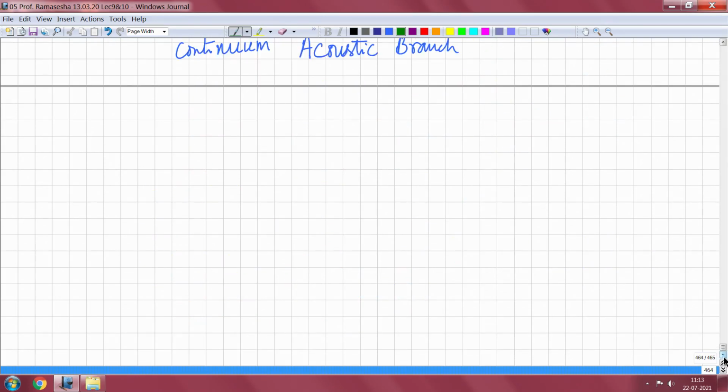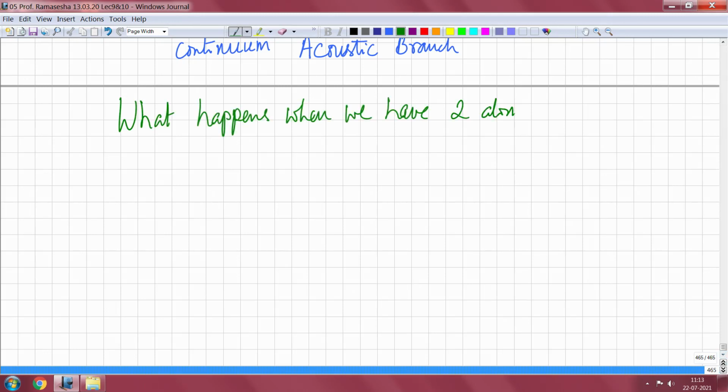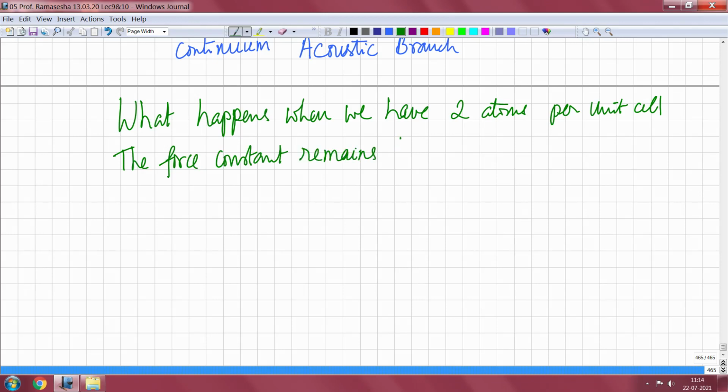Now, let us see what happens when we have 2 atoms per unit cell. Let us assume for simplicity that the force constant remains the same, but only the masses change.